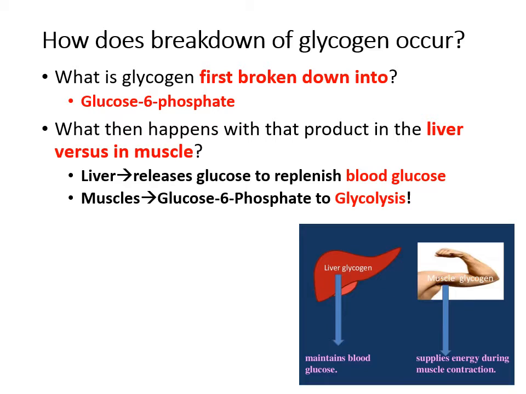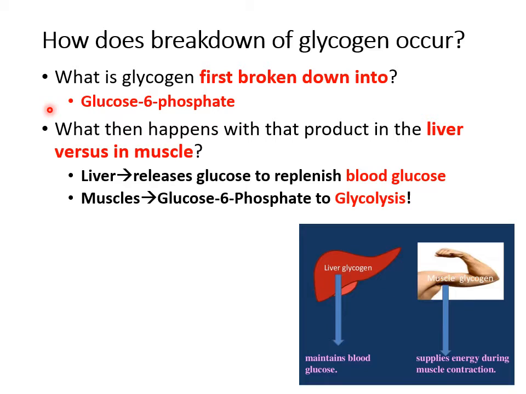I kept mentioning how glycogen is basically stored glucose and stored energy that can then be broken down. It's important to note that rather than just instantly obtaining glucose, when glycogen is first broken down, it's broken down into glucose 6-phosphate. The breakdown differs depending on where it's happening.